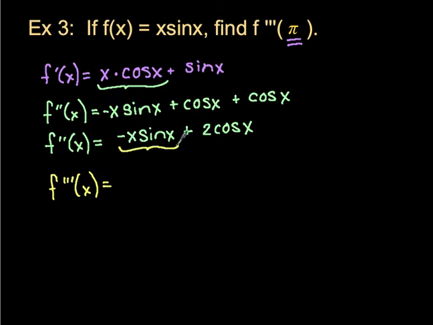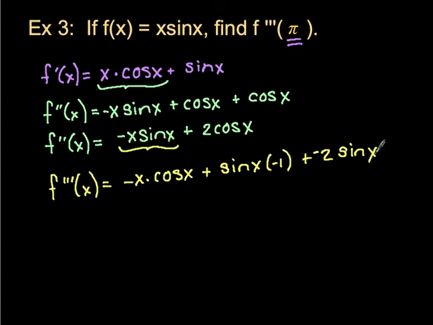and once again I'm going to have to use the product rule here. So I'll have first times the derivative of the second plus second times the derivative of the first, which would be -1. Then I have plus 2 times the derivative of cosine, which is negative sine. So I'm going to throw that negative in front again.